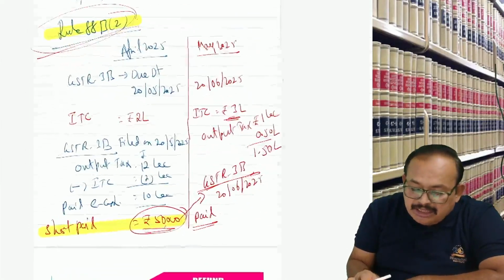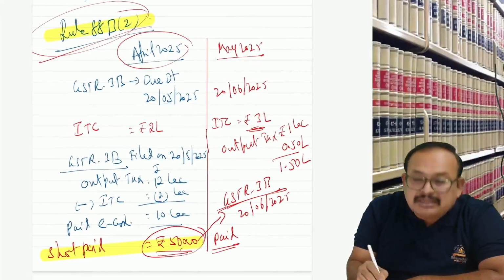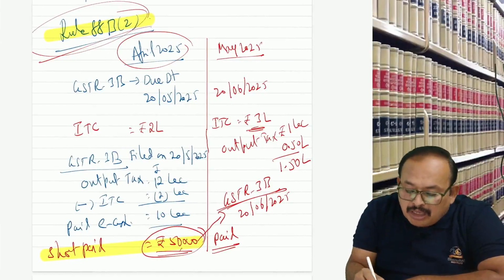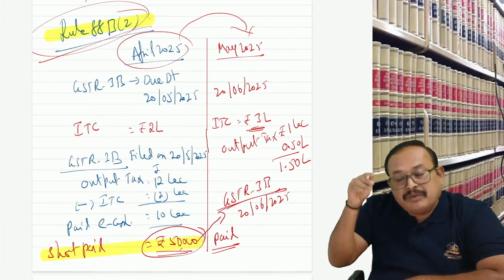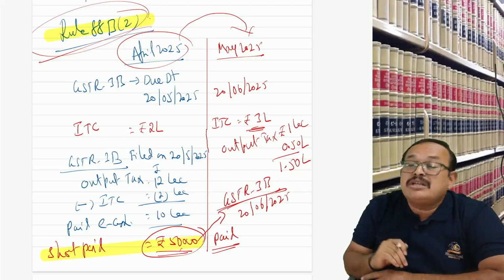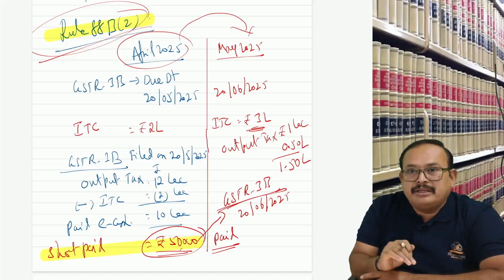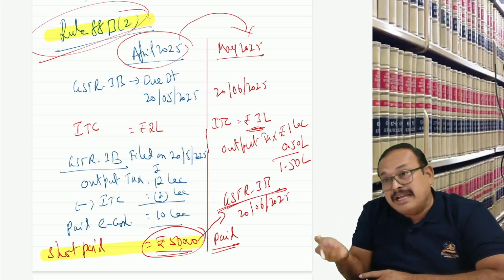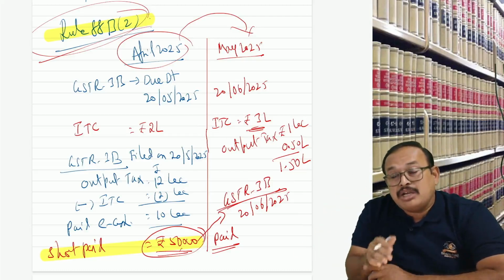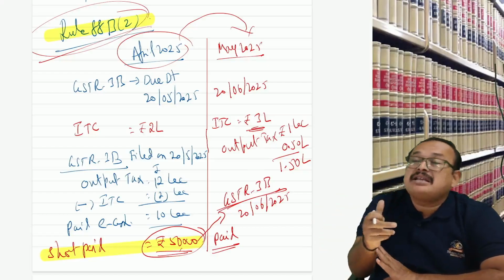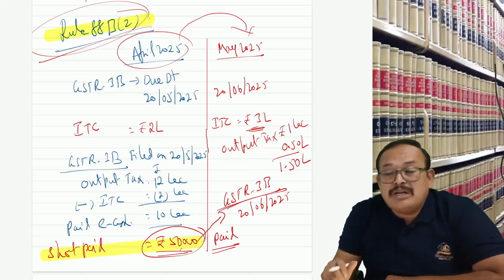Because here in April you short paid 50,000, and you are going to pay in the month of May, return filing on 20th of June. In the month of May, credit is there, na, but you cannot adjust that and come to the net amount and say that only the net amount is liable for interest.